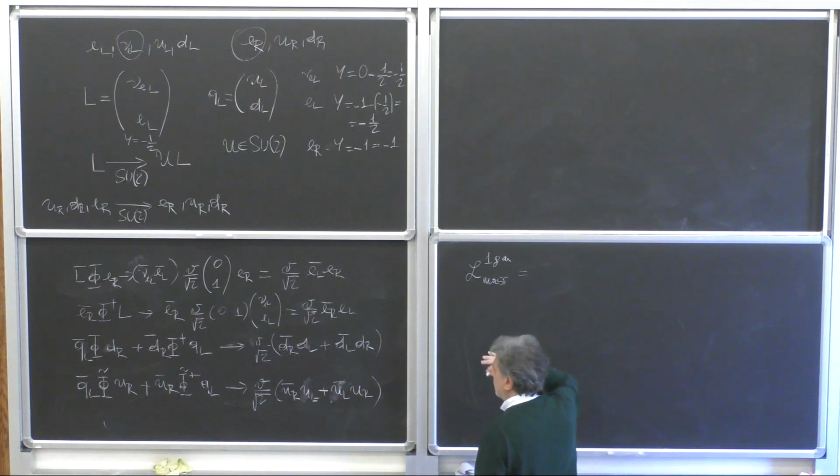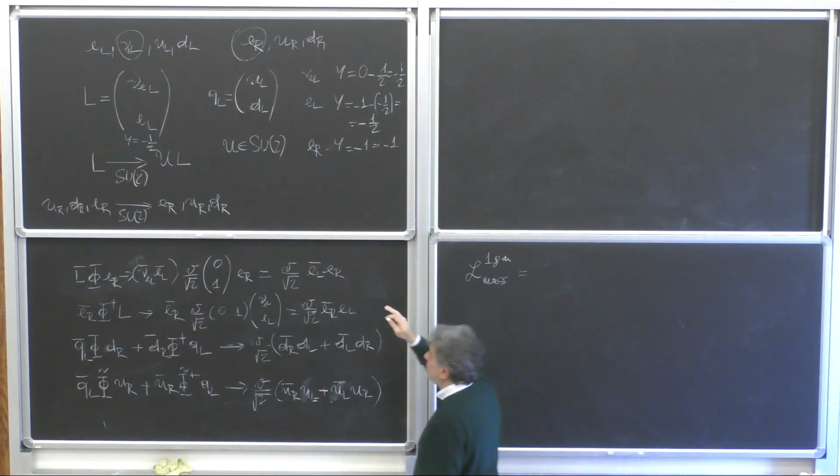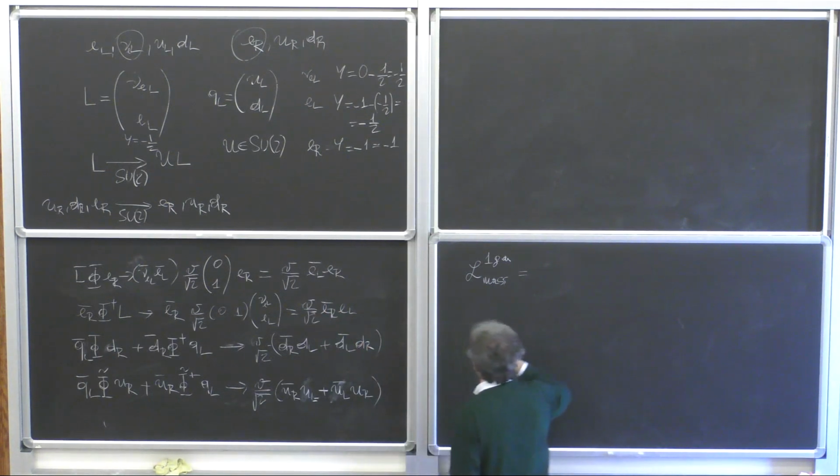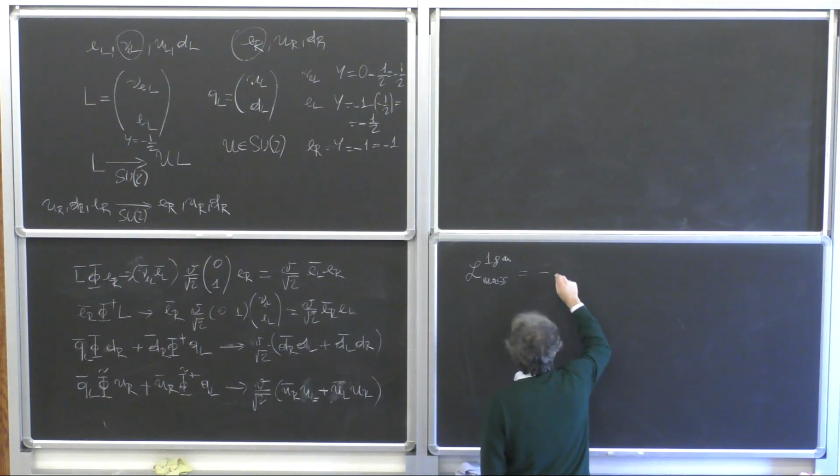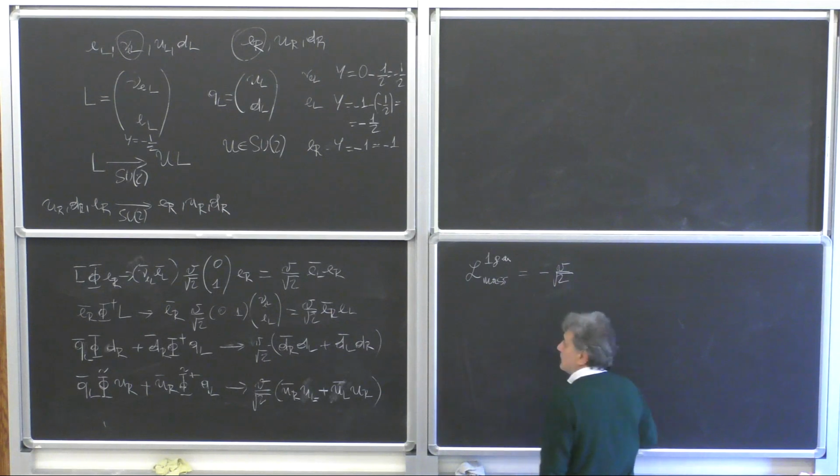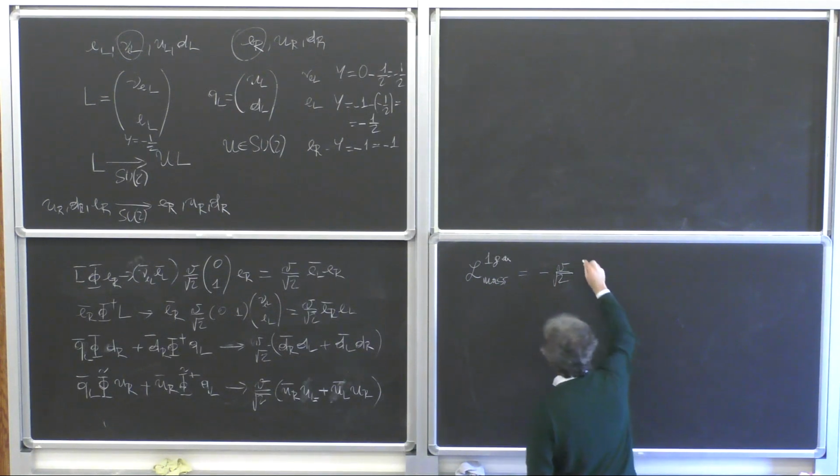let's say the mass terms for the fermions in our theory were minus V over square root of 2.